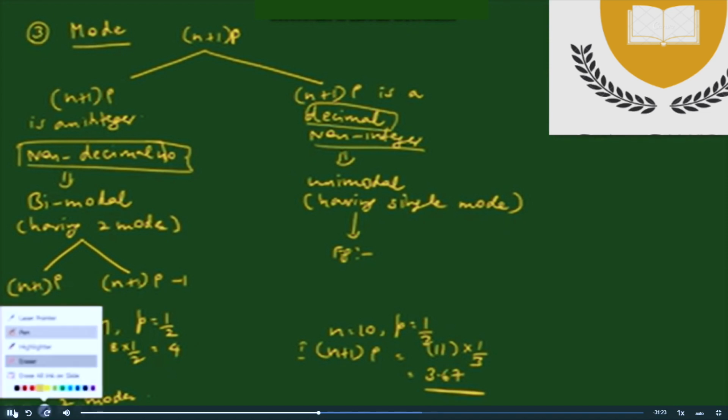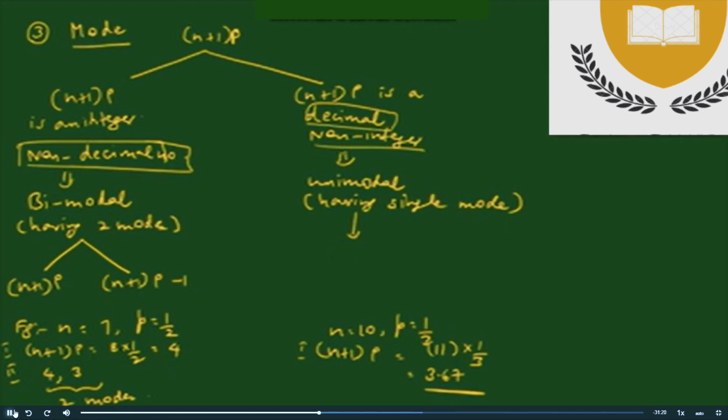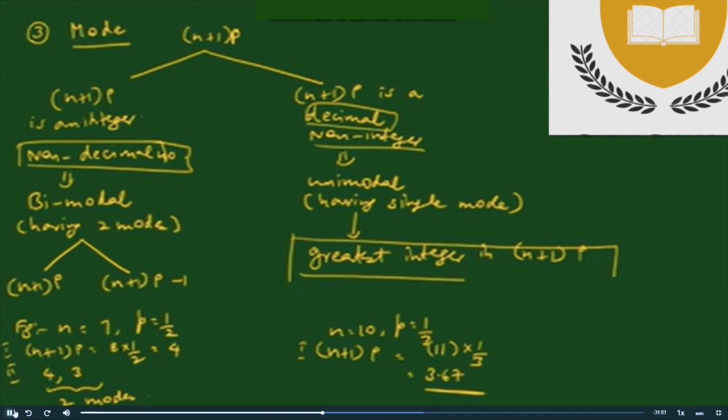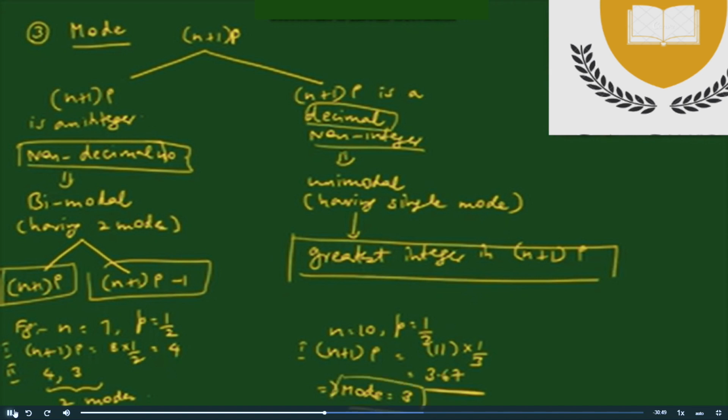No, that's not the method. After calculating the (n plus 1) into p value, your mode is equal to the greatest integer in (n plus 1) into p. So in our example, it is going to be 3. Only one mode.